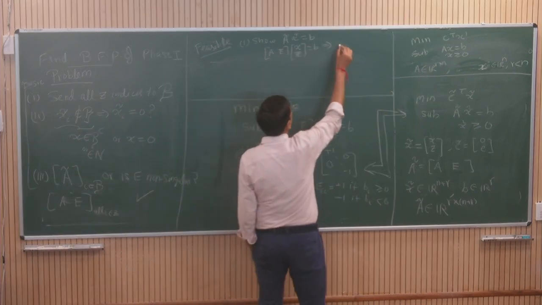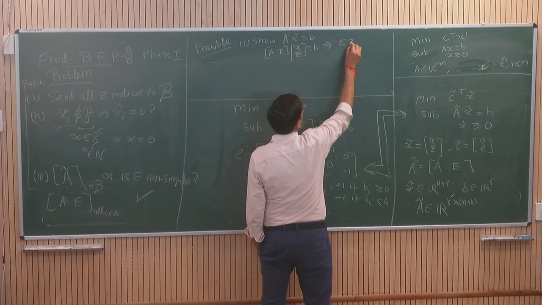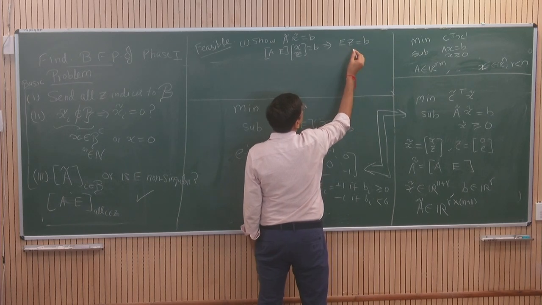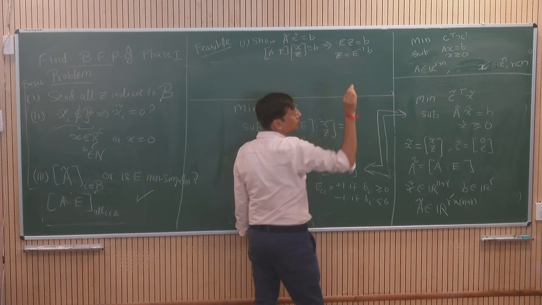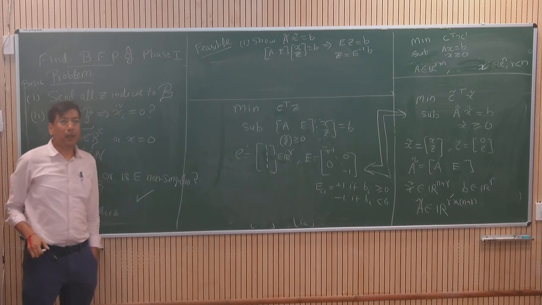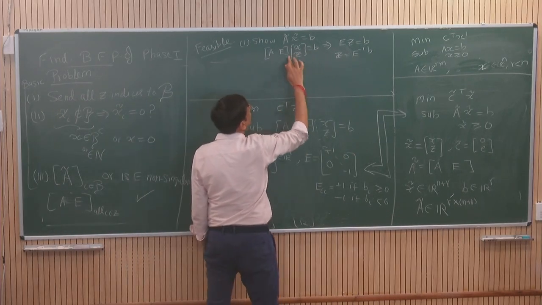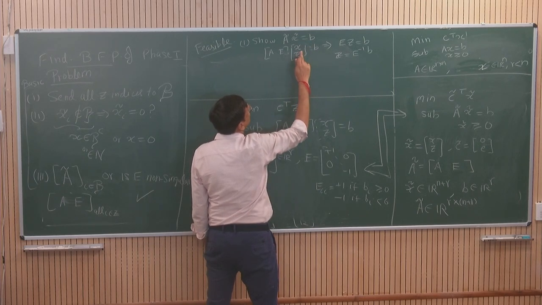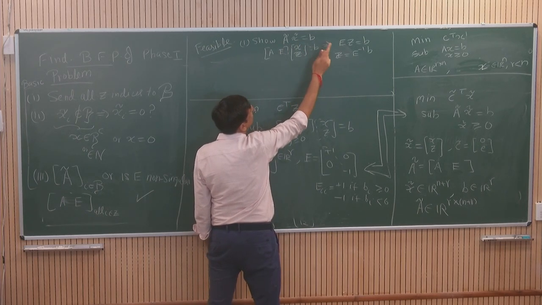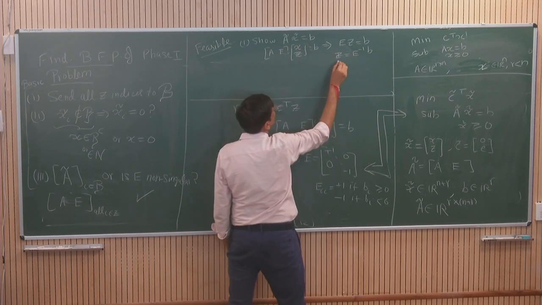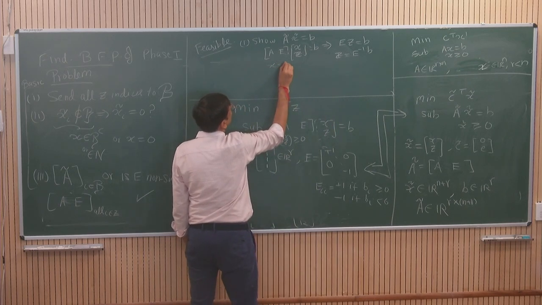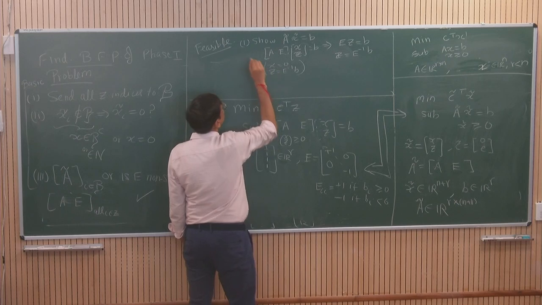So we substitute this, and this implies E times z is equal to b. So what is z? E inverse b. Yes? So this is satisfied. You were able to find an x for which A tilde x tilde is equal to b: x is 0 and z is E inverse b.